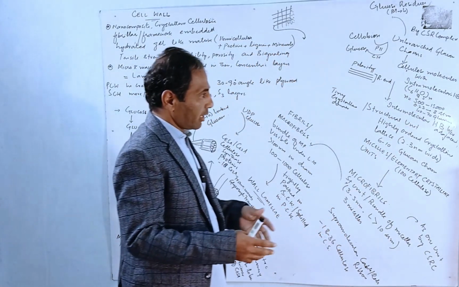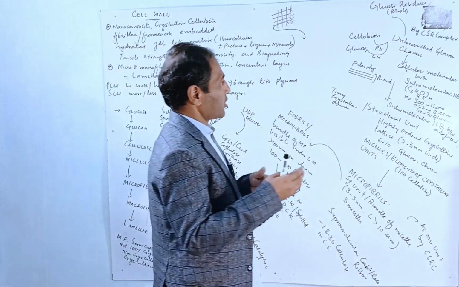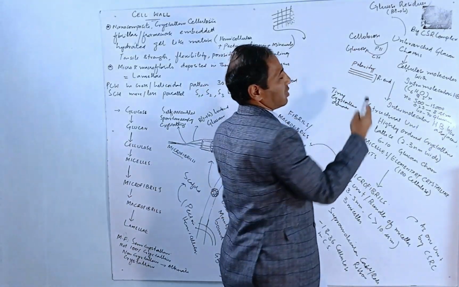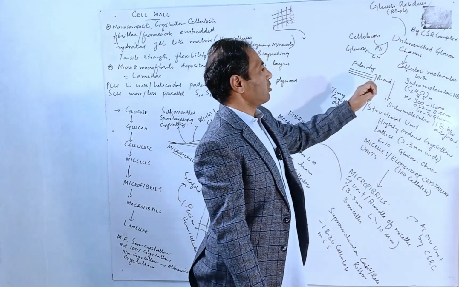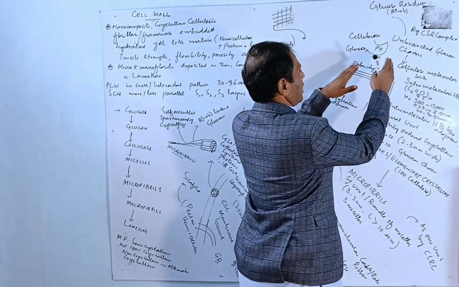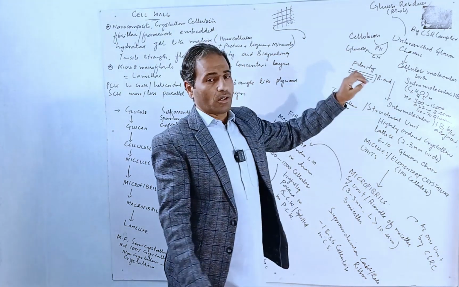Normally, when we hydrolyze glucan polymers, we can hydrolyze them partially into cellobiose, which is a disaccharide unit, and upon complete hydrolysis the glucan chain is hydrolyzed into glucose molecules.